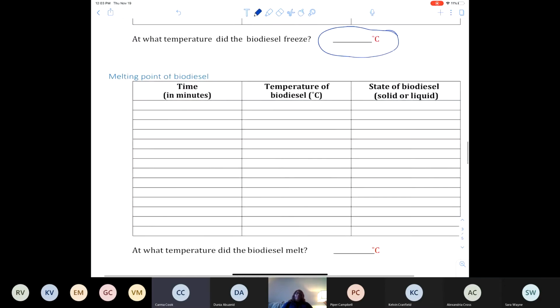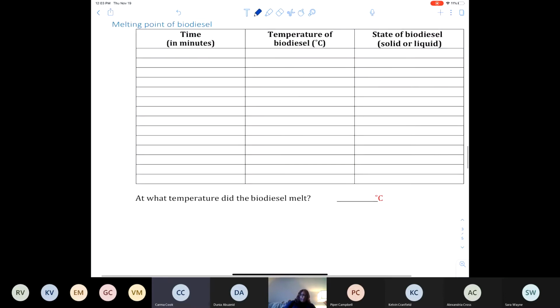Then I took the biodiesel in the test tube out of the rock salt ice mixture and placed it in a test tube at room temperature. I monitored the temperature every minute to see when the solid frozen biodiesel would melt. That would help me determine the melting point of the biodiesel.